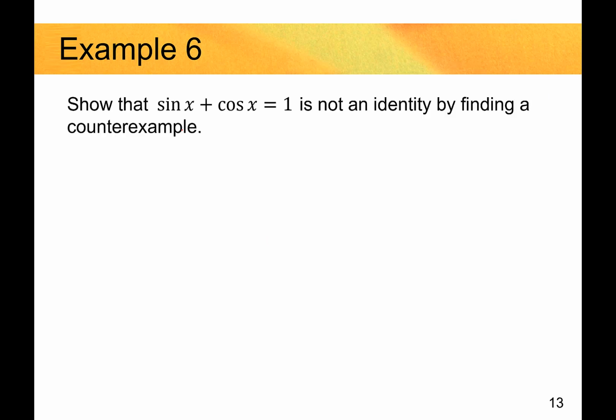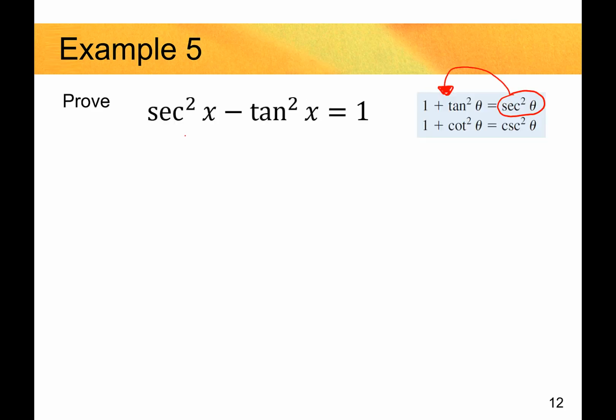So there it is. I see a secant squared. I change that into 1 plus tangent squared theta. So there it is, and hopefully you see what's happening here. Oh, okay, I changed it. The tangent squared thetas disappear, or x's disappear, and I am done.